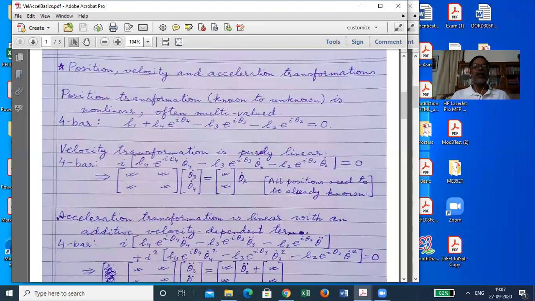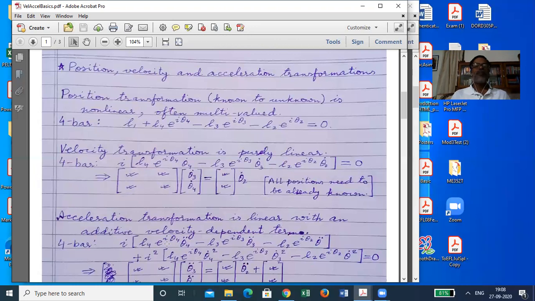For that, you differentiate this, and there you will notice each term here will produce two terms in the derivative. In the first case, you will find I L4 e to the power I theta 4 into theta 4 double dot, that is here.